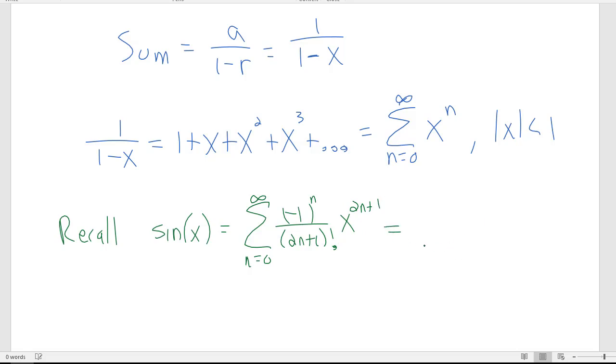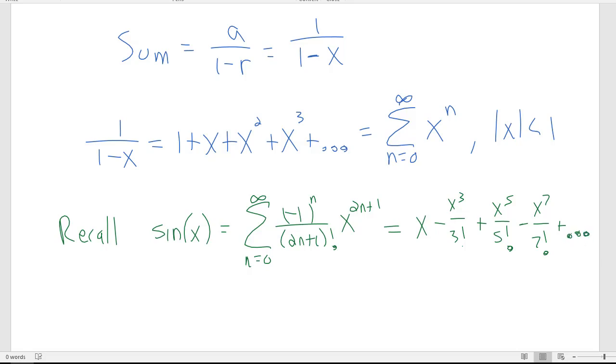When we wrote this out, this was x minus x^3 over 3 factorial plus x^5 over 5 factorial minus x^7 over 7 factorial, plus dot, dot, dot.